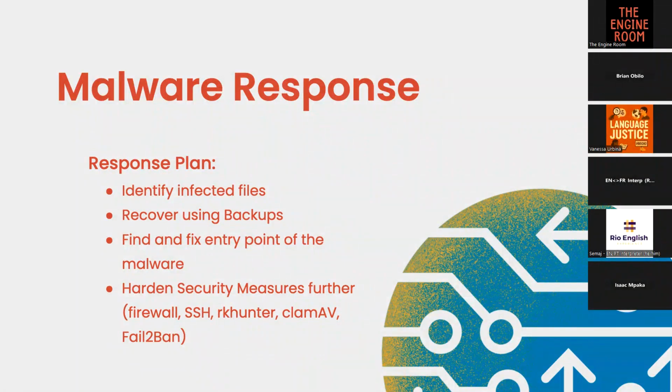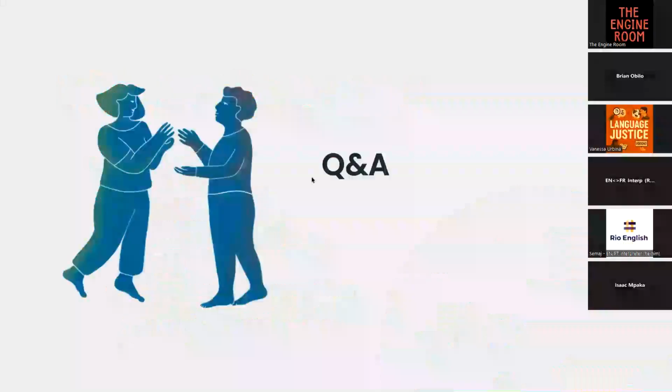You should also have installed tools such as RKHunter or ClamAV, which are powered by common antivirus engines and are able to find malicious executables and contain them. And also Fail2Ban, which tries to stop automated forms of attacks. So yeah, that took 4 more minutes than intended, but I'm wondering if we have any questions for now.